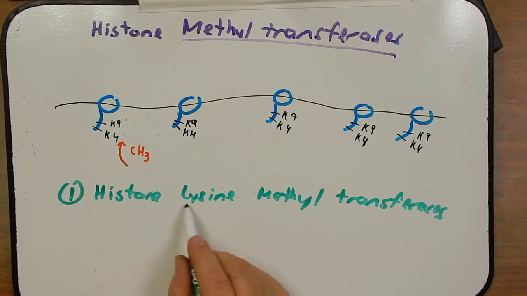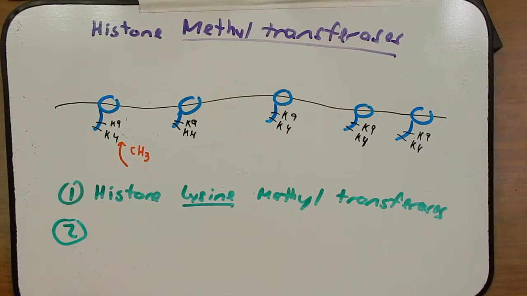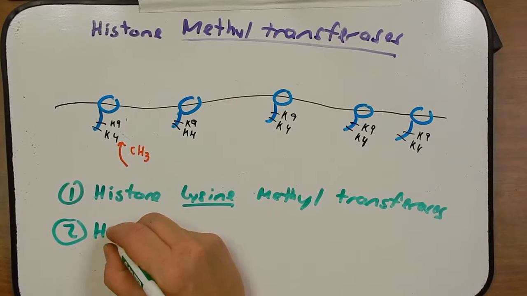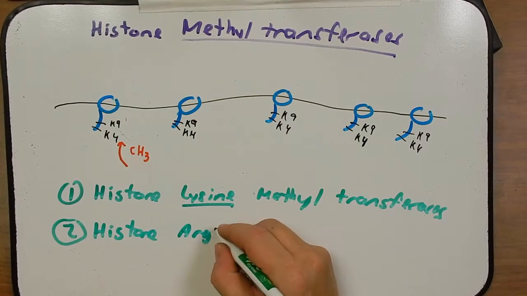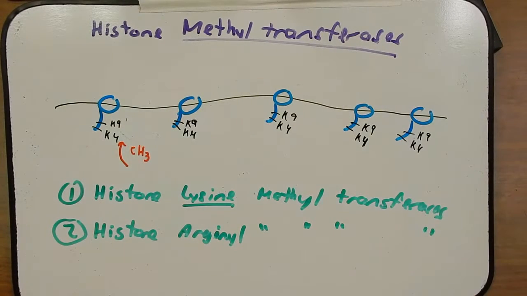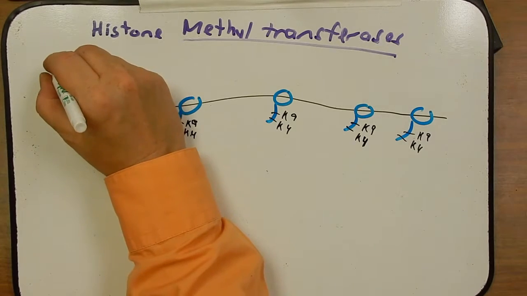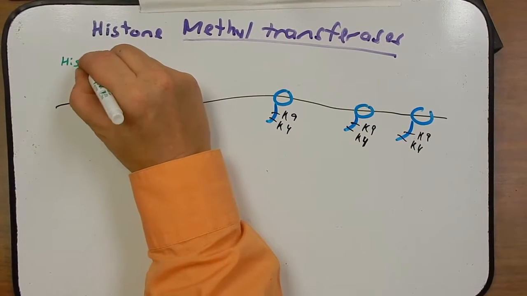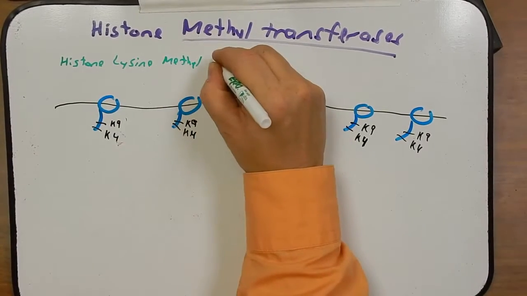There is another class that we'll spend a little bit of time talking about, but not a ton, but we do need to give it some more credit: the histone arginyl methyltransferases. But I want to stick right now with the histone lysine methyltransferases. And to give myself a little bit more room, I'm going to rewrite that up here so we don't forget that that's what we're talking about.